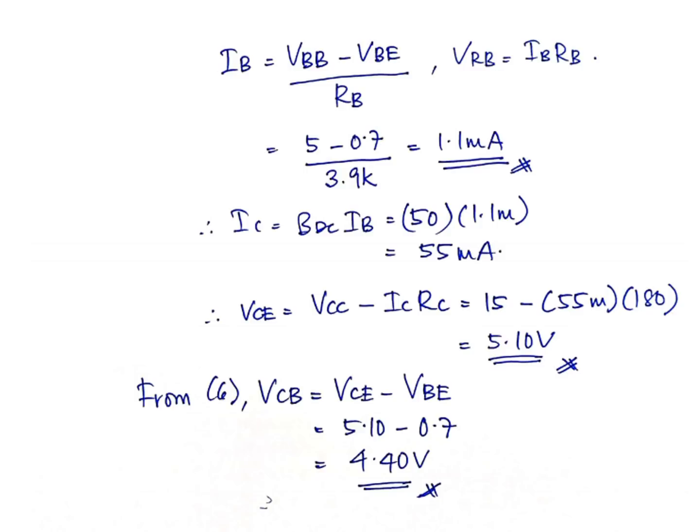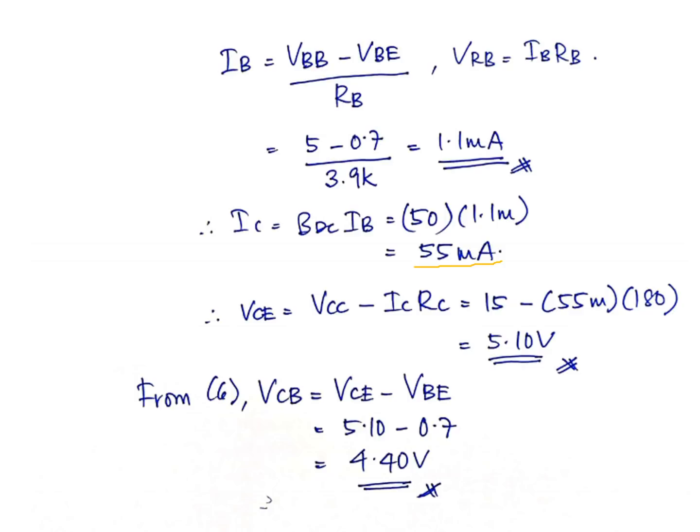IC equal to beta DC times IB, where beta is 50 and IB is 1.1 milliampere, so IC equal to 55 milliampere.